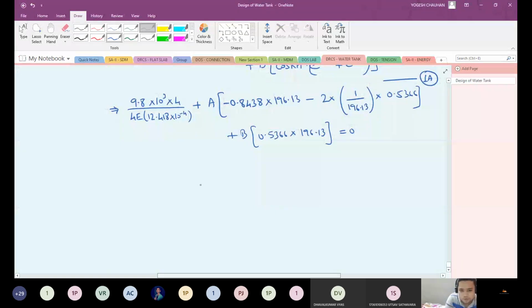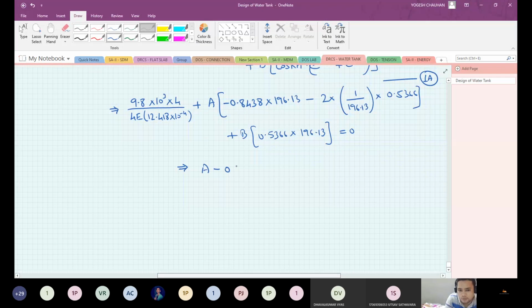So this will give you another expression, that is a minus 0.6339 b is equal to 47530 divided by e. Okay, mark this as number 4.